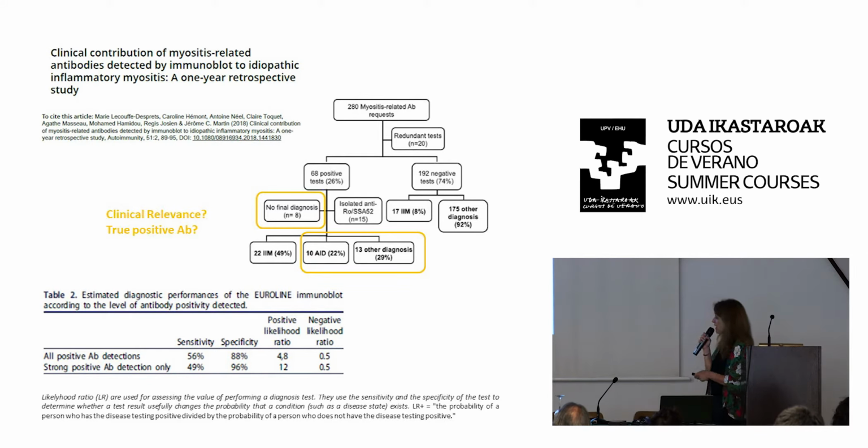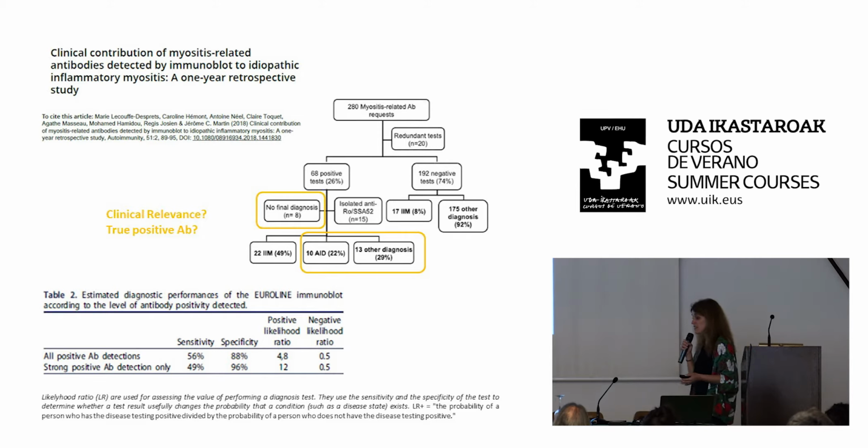And they also make a point on the signal we detect. If you only focus on strong positive antibody detections, the strong signal that I've shown you before, the likelihood ratio increases drastically, as you can see here.